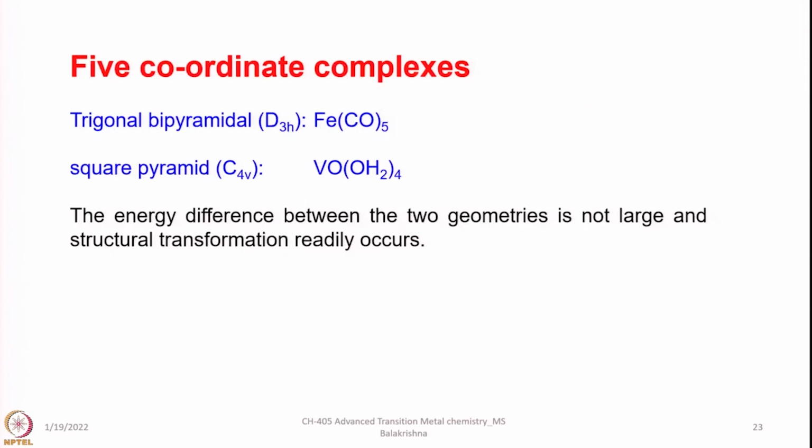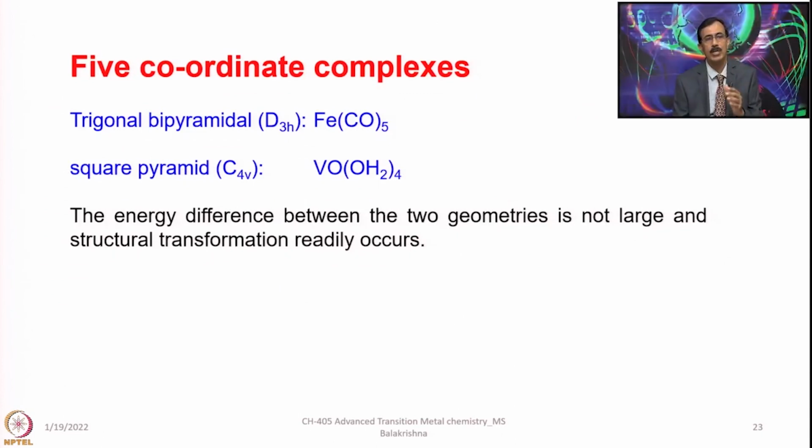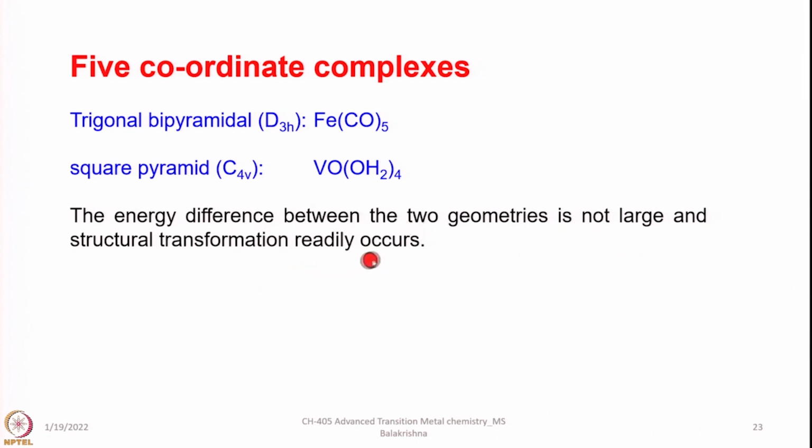When we look into 5 coordinate complexes, we have quite a few examples. The preferred geometry for coordination number 5 is trigonal bipyramidal geometry with the D3h point group. For example, iron pentacarbonyl. In the case of square pyramidal, we have this complex here having C4v point group, VO(H2O)4 2+. The energy difference between the 2 geometries is not large and structural transformation readily occurs.